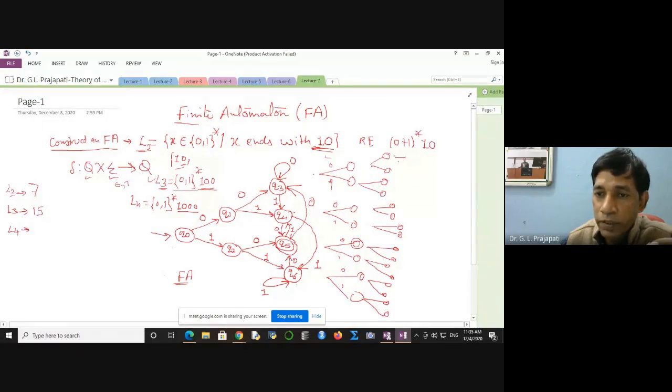If you are in these states, you are remembering the last 4 symbols. If you are at this state, then you are remembering the last 4 symbols as 0 0 0 0. If you are at the last one here, you are remembering the last 4 symbols as 1 1 1 1, and so on. So whatever is your target, you can designate that state as the final state. So this is important.